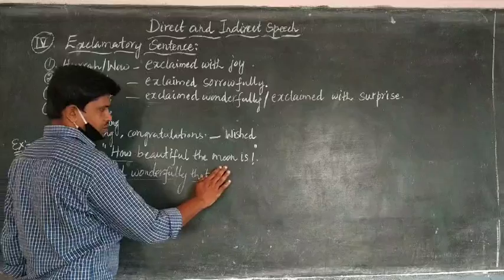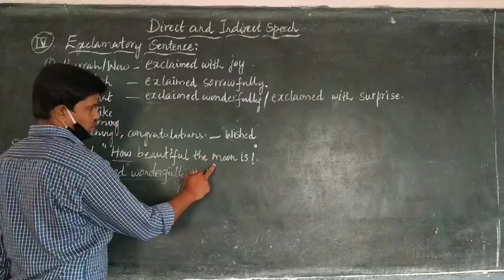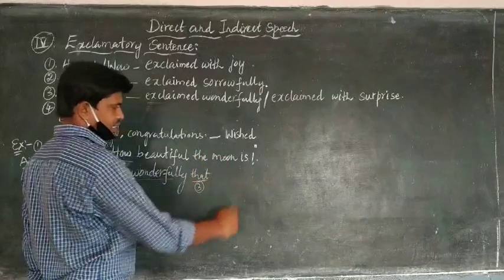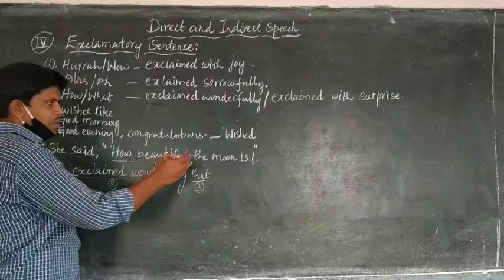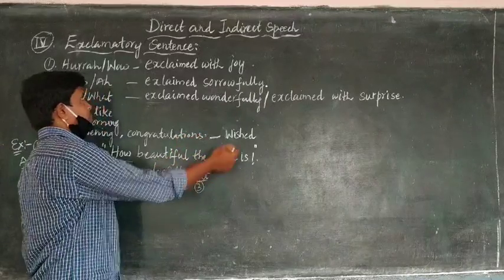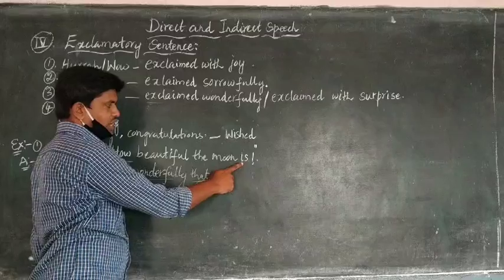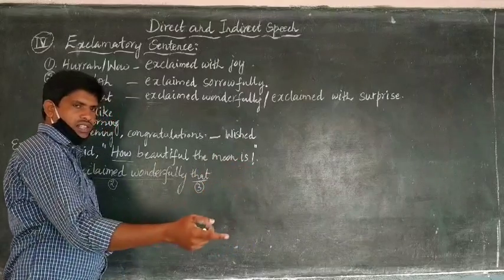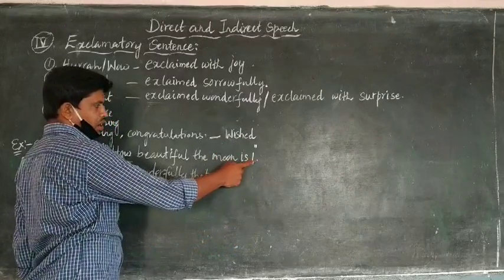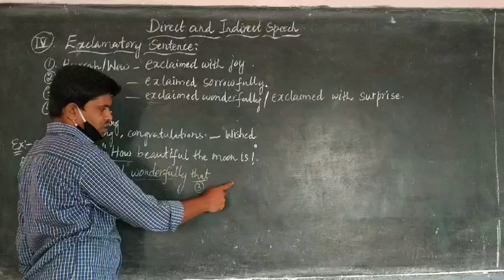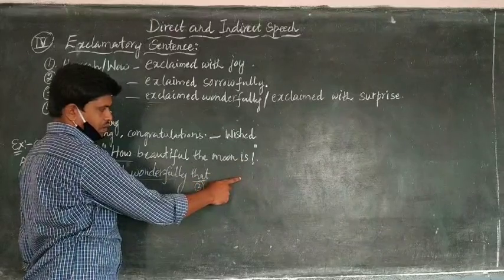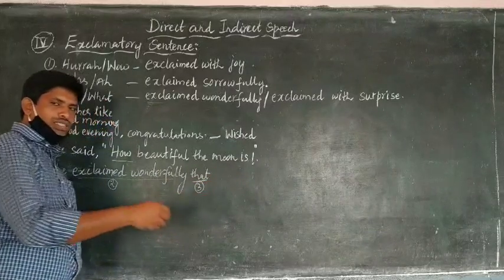Okay, tense must be changed. So here the moon is. If you see is in the direct speech, especially in exclamatory sentences, then you have to write in the past tense. Okay, is, immediately you have to write was or were in the indirect speech.